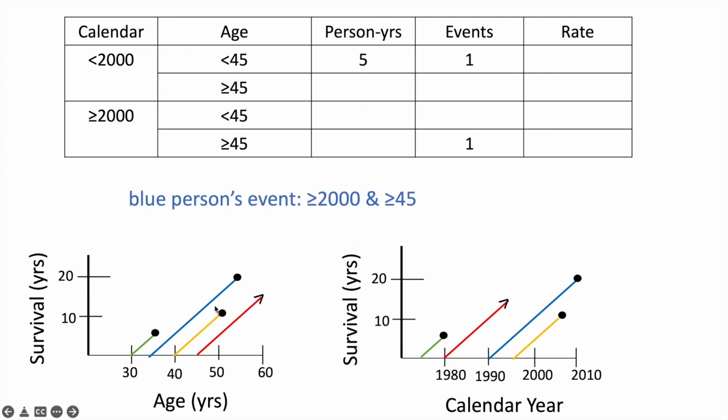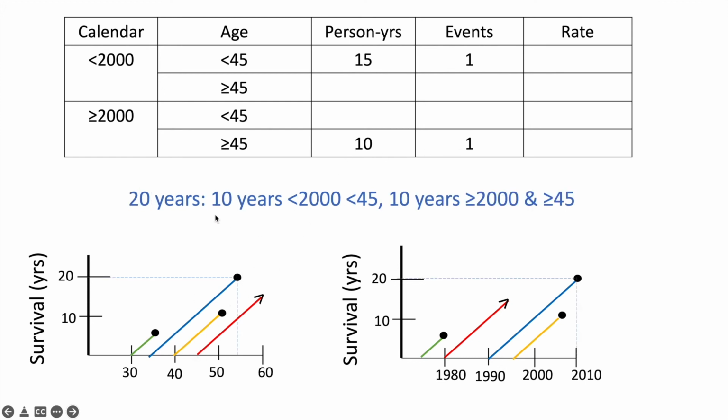The blue person had their event after the year 2000 and older than 45 years of age here. And this is a little more complicated. They were in the study for 20 years, and 10 of those years happened before 2000, and the other half of their follow-up, the other 10 years, happened after the year 2000.